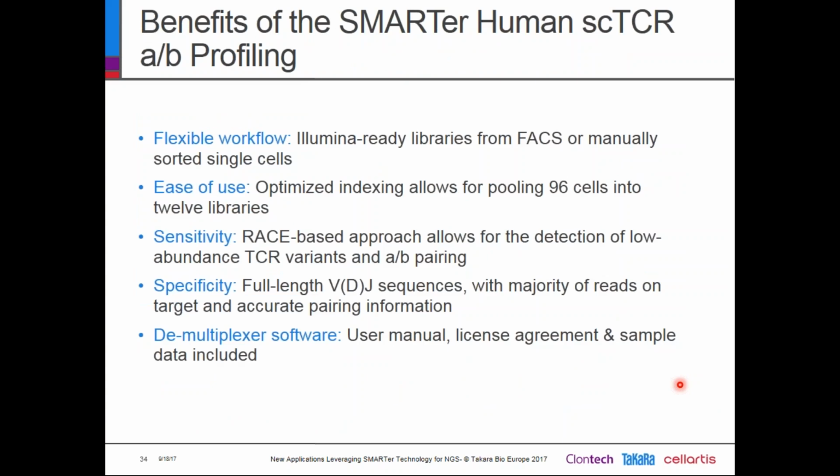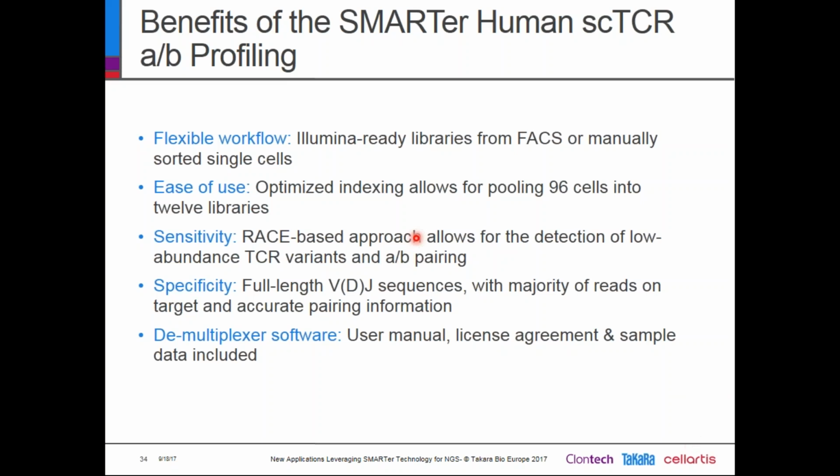So to summarize, this single cell TCR approach is very flexible and provides the possibility to work from cells isolated with FACS or manually sorted. You can use the optimized indexing, allowing you to pool 96 cells into 12 libraries.